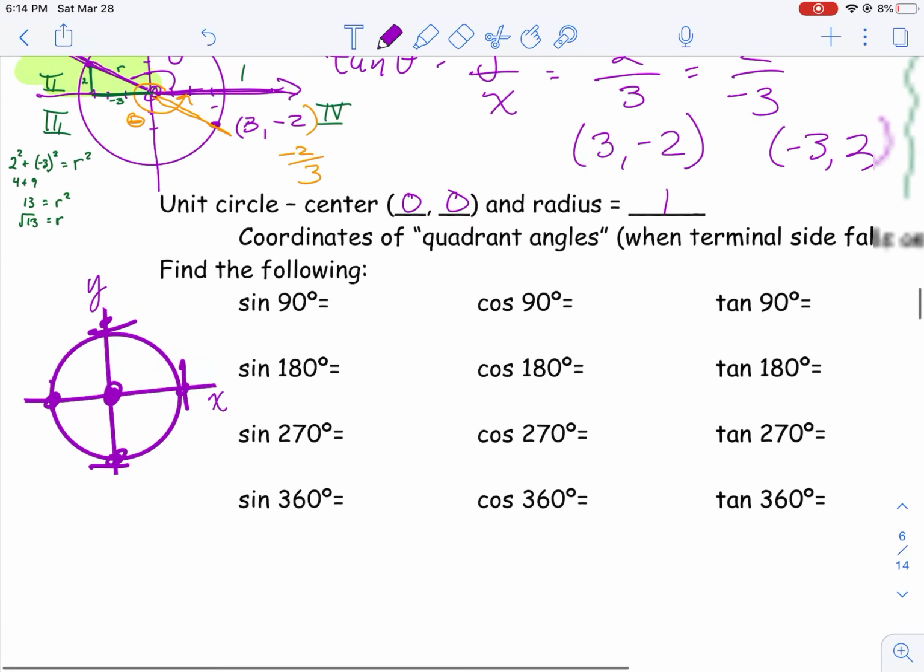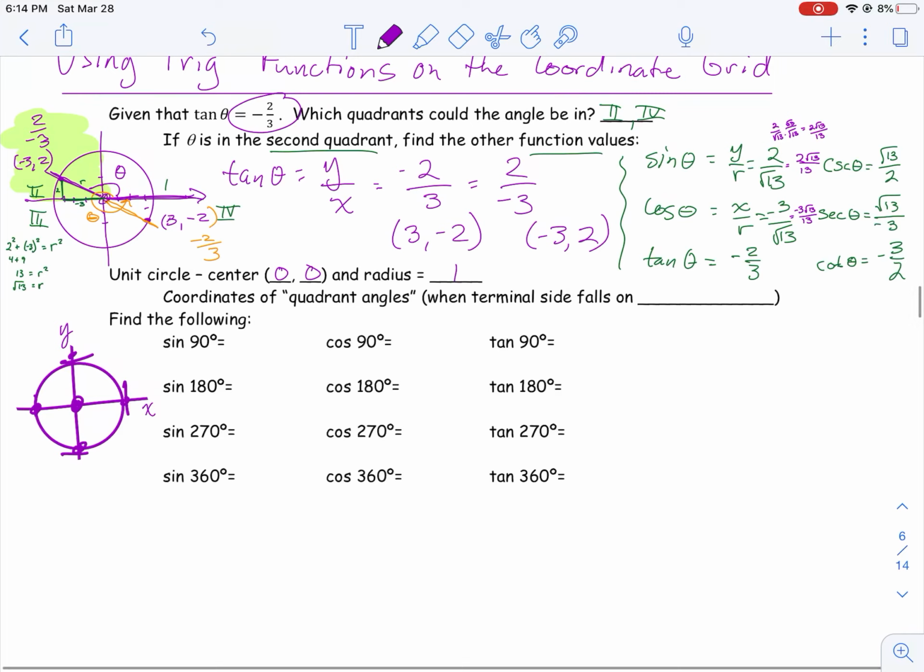This is x, this is y. It asks us to find coordinates of quadrant angles. This is when the terminal side falls on an axis, either the x or the y axis.